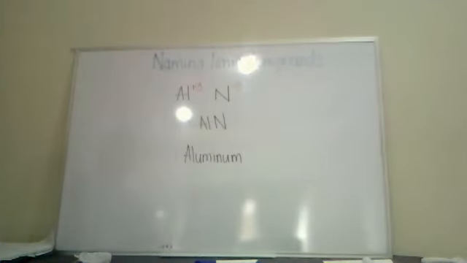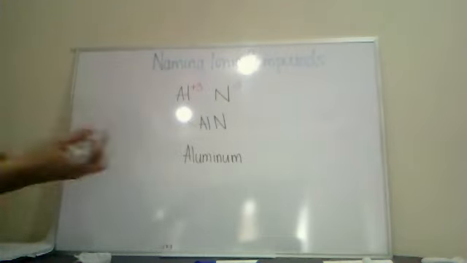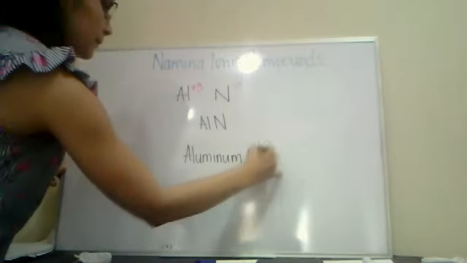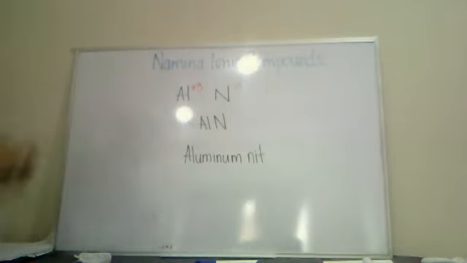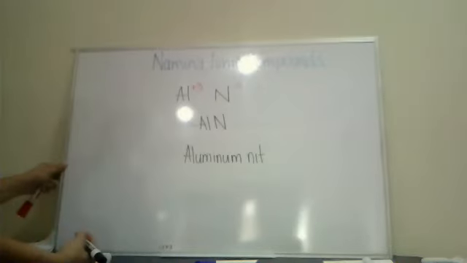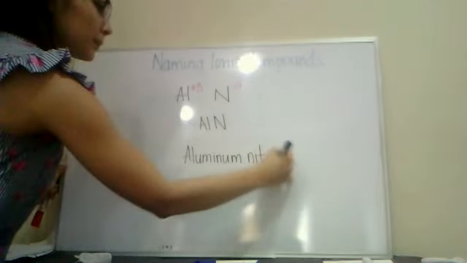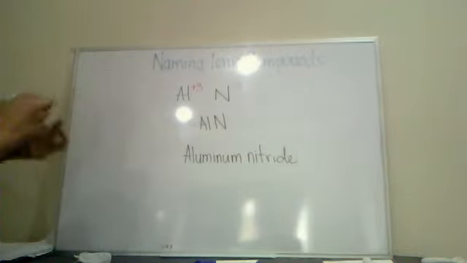How is nitrogen going to be called if we need to change the ending to -ide? Any idea? Nitrogen is very similar to oxygen. So it's called nitride. All right, we changed the ending to -ide.